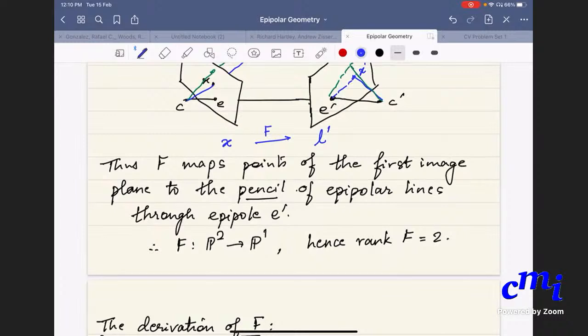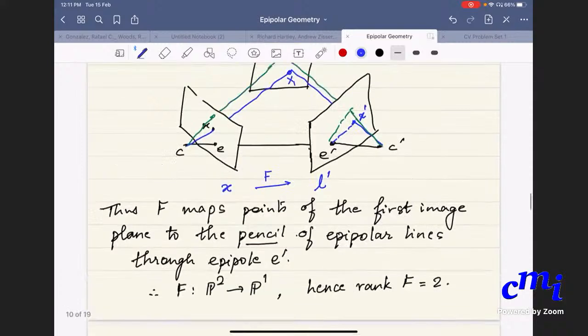You pick up a point in this projective plane, and you give me a line. The rank of F is going to be 2, so this will be some 3 by 3 matrix of rank 2. We can see this even geometrically this way.